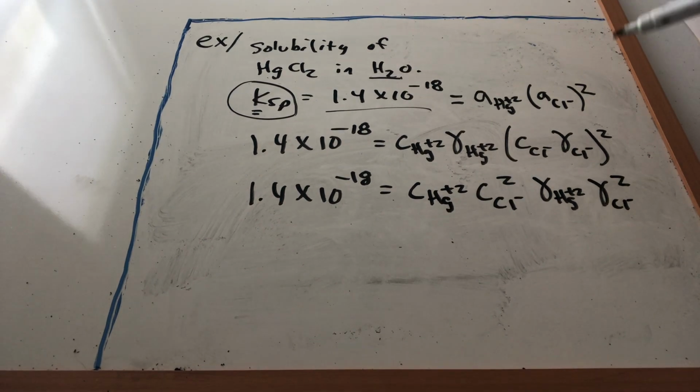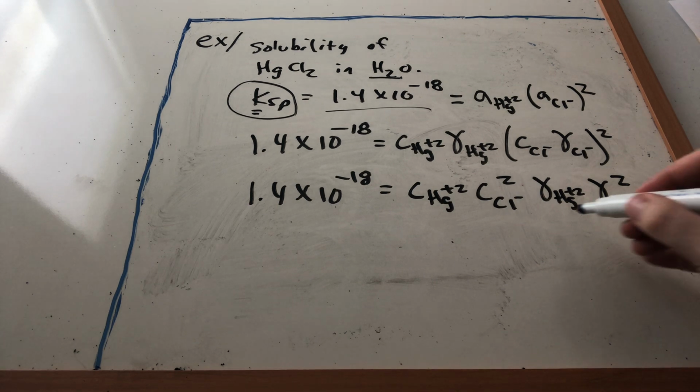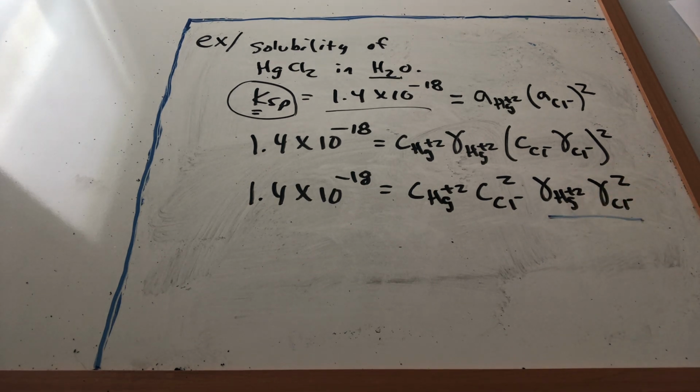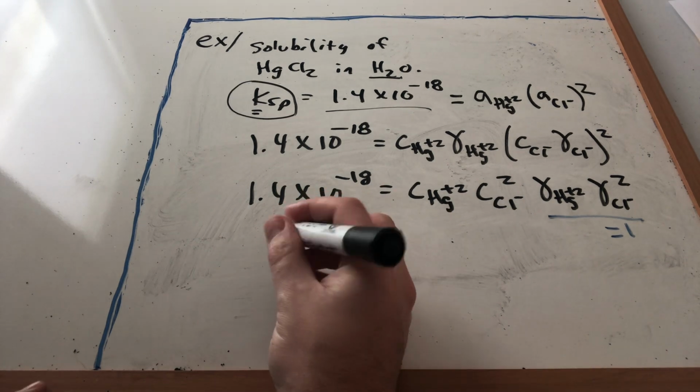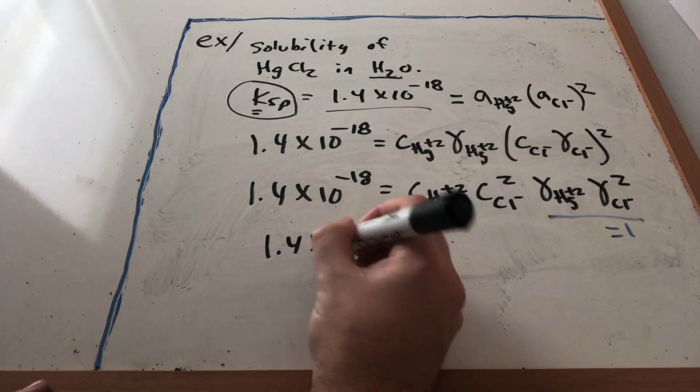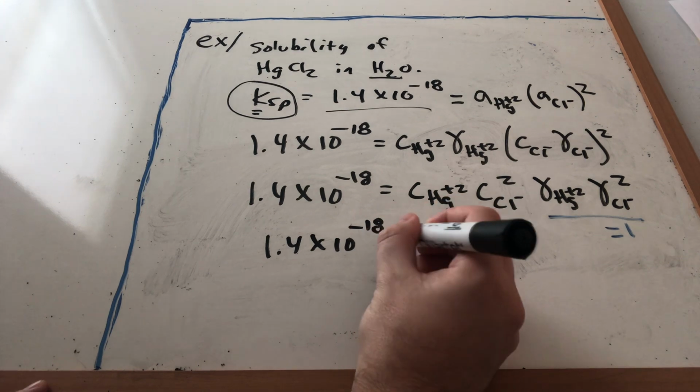Our original K expression had an activity squared, so it's not surprising that for Cl- we get a gamma squared out in the end. Now, as I mentioned before, to start this problem we're going to assume that these are equal to 1. So we're going to assume this ideal case, a really dilute solution, and analyze. So we get 1.4 times 10 to the minus 18.